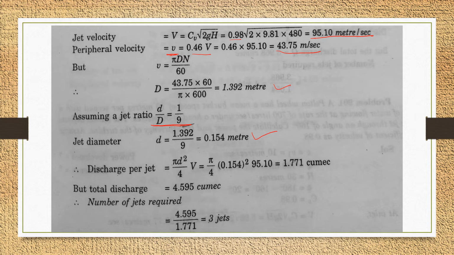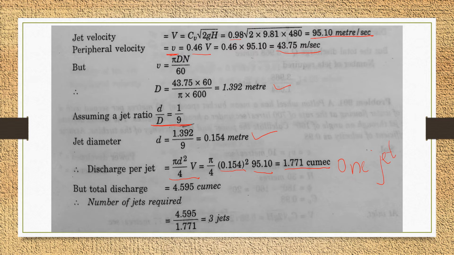The discharge per jet is area into velocity, pi d squared by 4 into V, that is pi by 4 into 0.154 squared into 95.1, which is 1.771 cumecs. So this is the discharge for one jet.